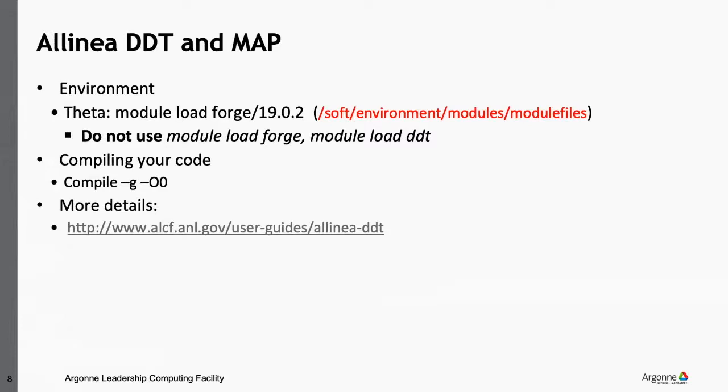We have installed things and configured them properly. So for now, you want to use module load Forge 19.0.2. That will get you the correct working version. Do not just do a module load Forge, because that uses a default that isn't the right one.